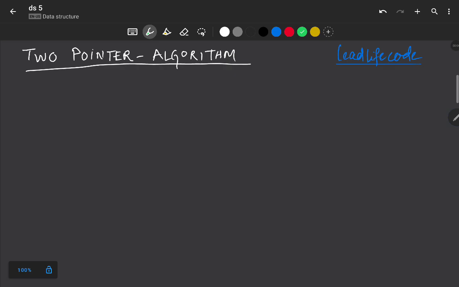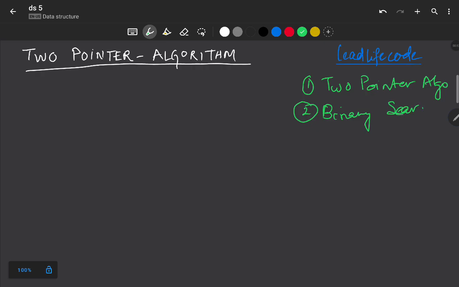Today we are in the fifth session of the data structure series and we will go through two important algorithm problems that normally get asked in interviews. The first one is the two pointer algorithm and the second one is binary search.